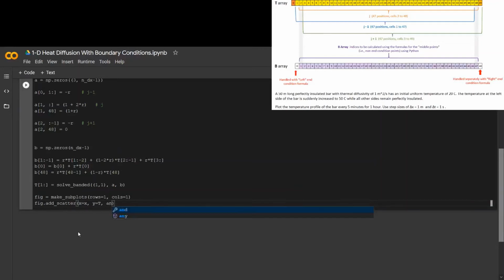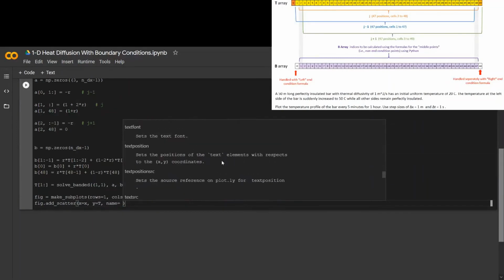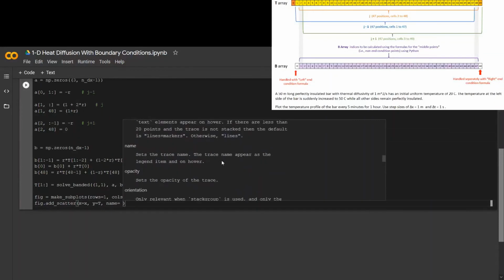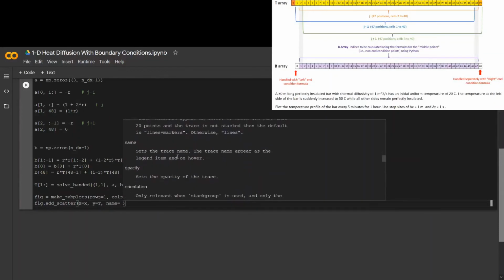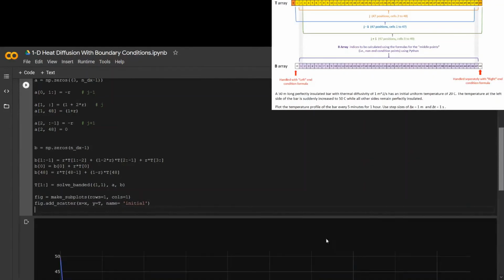What's that? Name. So that's the trace name. Okay, so let's just call that initial. Yeah, we'll just do that for now. Let's see what happens.